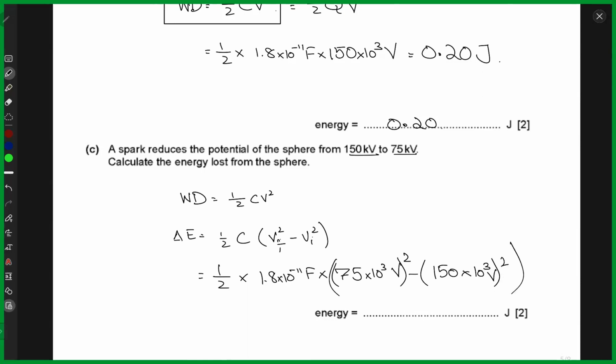Remember, they're saying compute the energy lost from the sphere. This would give you a negative answer, but you would write it as a positive because this is the energy lost. The negative sign shows energy lost, and you'll just write that the energy lost is 0.15 joules.